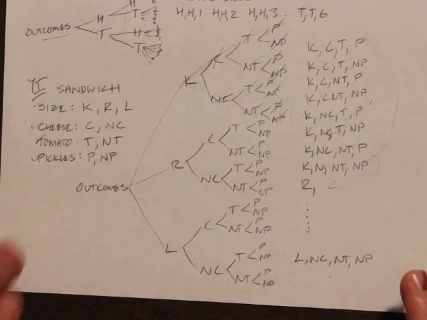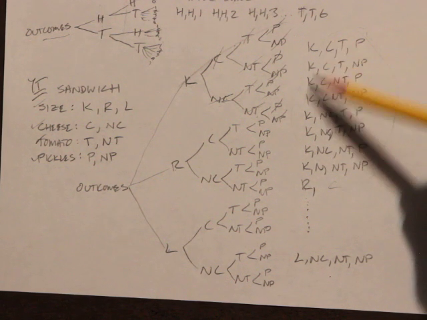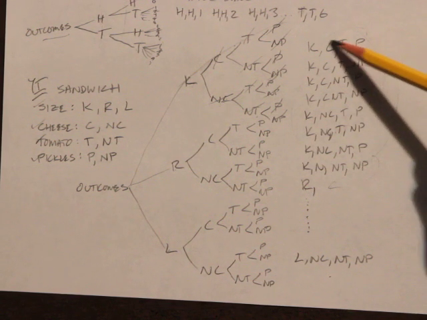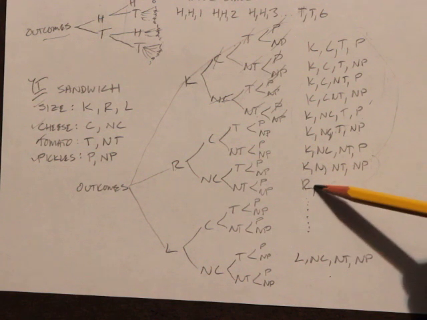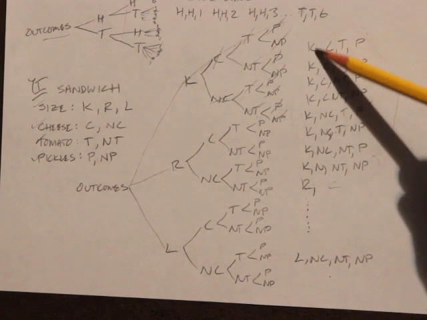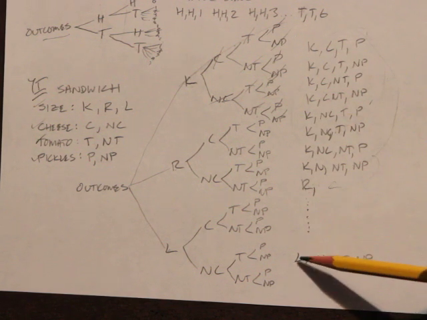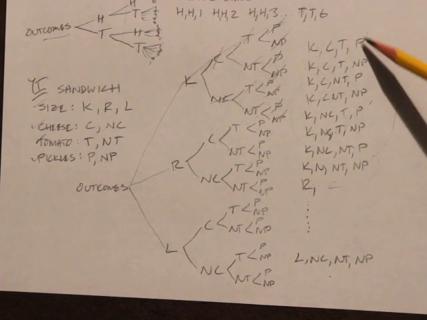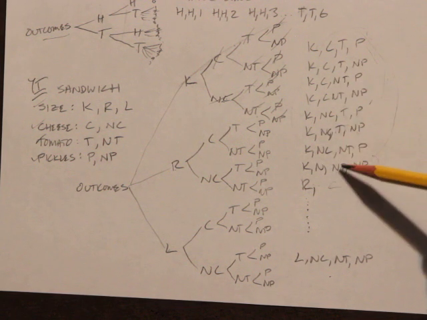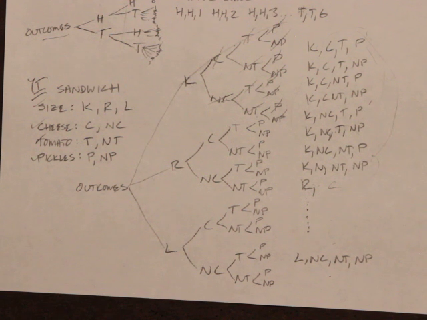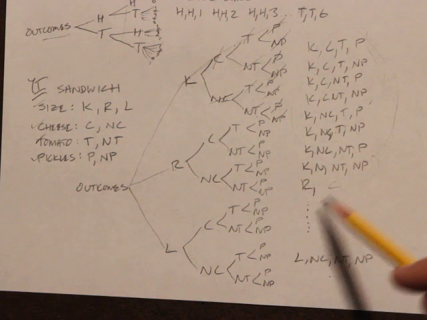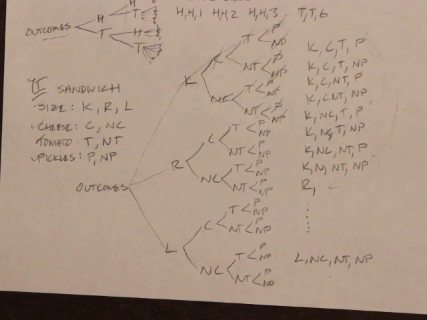So here's what the tree looks like. You should have a list that is this, plus the R and the L, so that you have 3 times the size of the sample space.